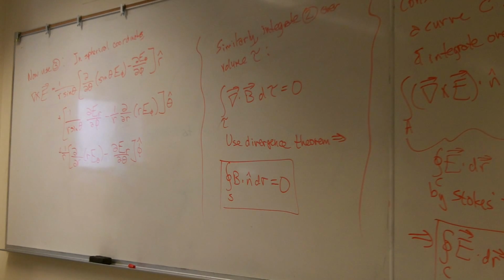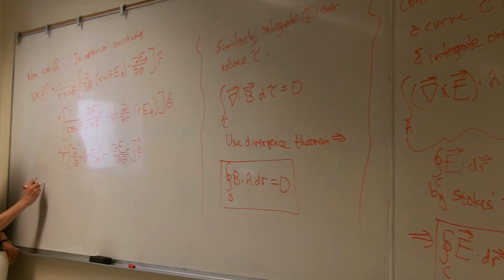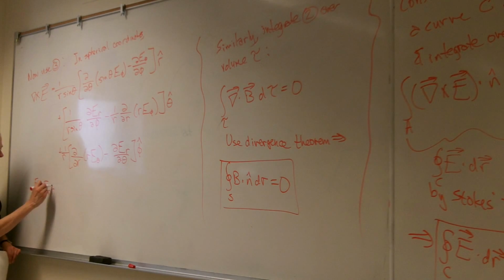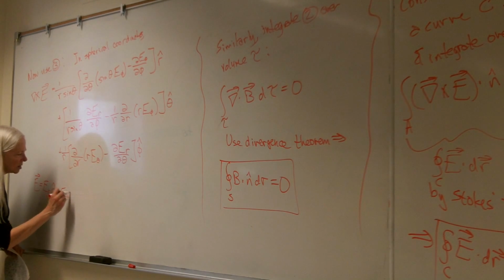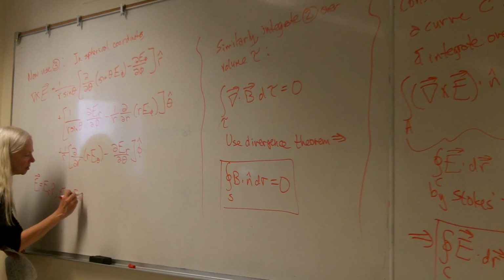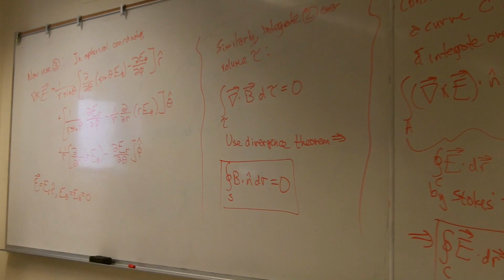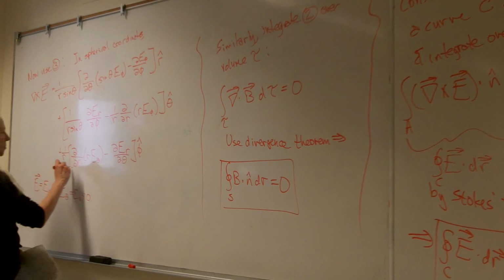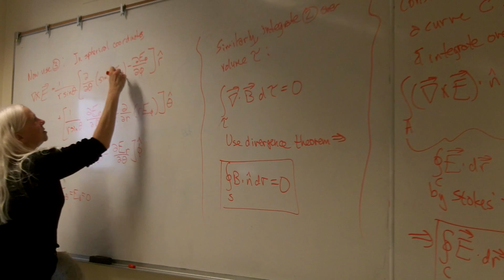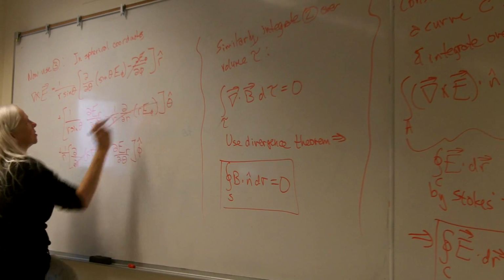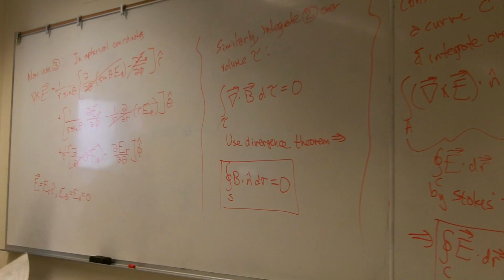Okay, so now that's in spherical coordinates. But in this case, the electric field only had an r component. In other words, e sub theta and e sub phi are both 0. So most of these terms are 0, right? This is 0 because of e sub theta being 0, as is this. E sub phi is 0, so that's 0, and that's 0 because of that.